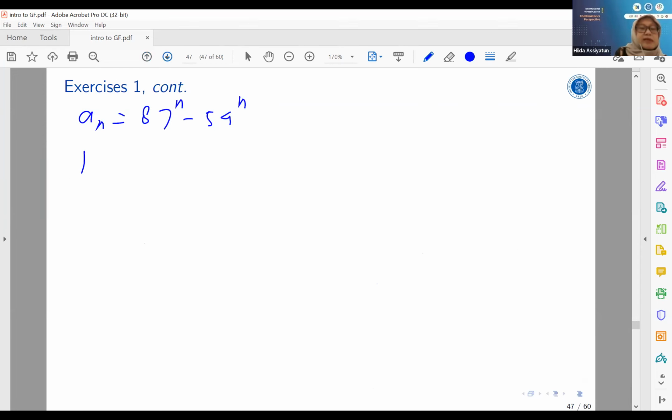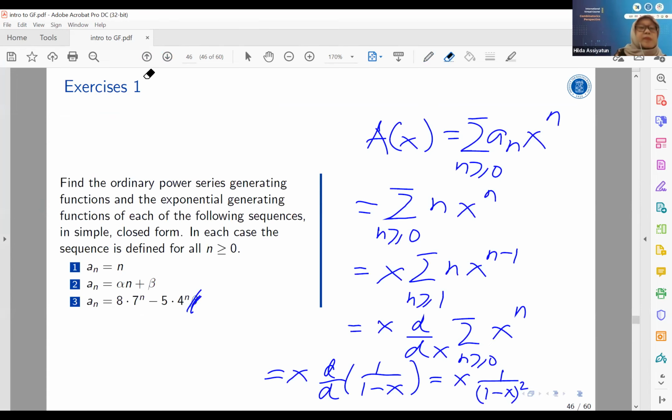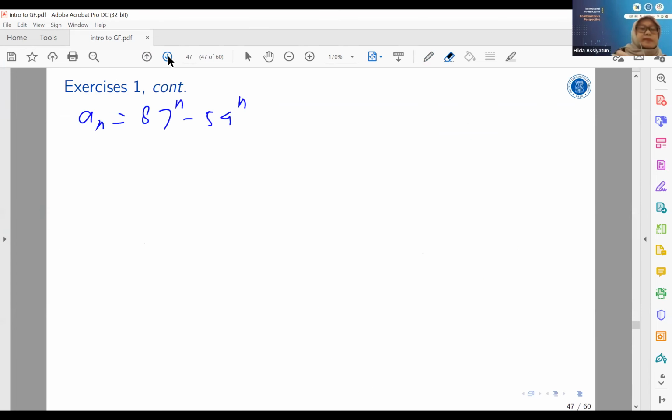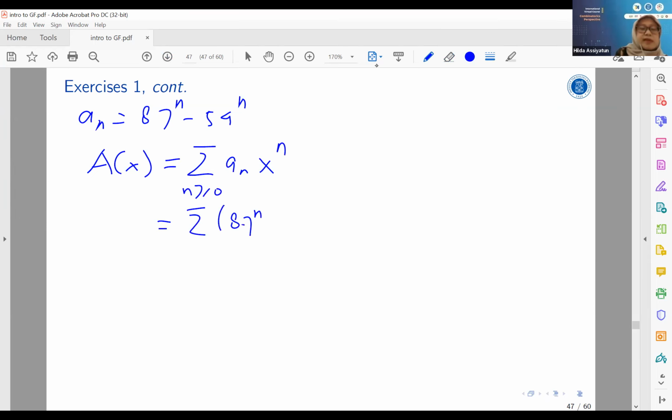Again, we just use the symbol A(x) for the generating function. A(x) by definition is the series of the sum of a_n x^n, which is the sum of 8·7^n minus 5, times x^n.